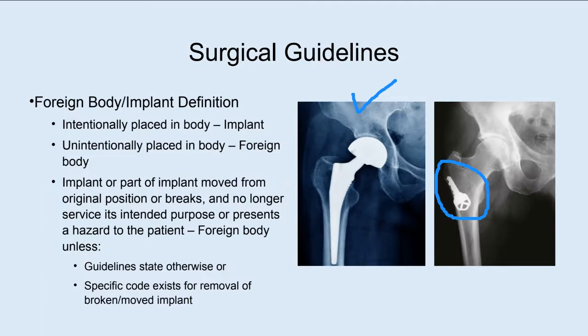However, if an implant or part of an implant moved from its original position or breaks and no longer serves its intended purpose or it presents a hazard to the patient, it becomes classified as a foreign body, unless there are specific guidelines for that circumstance that state otherwise, or there's a specific code for removal of a broken, moved implant. So generally, put there on purpose, implant; not put there on purpose, foreign body.